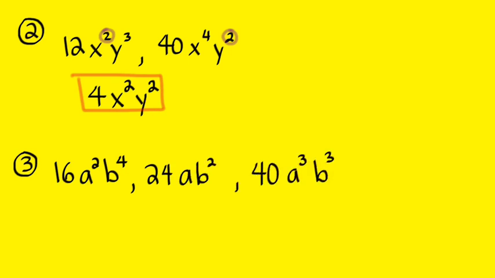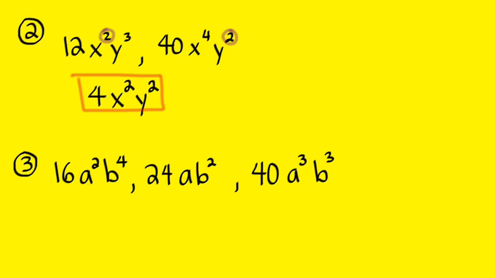Okay, let's see if we can do 3 monomials, right? We have 16, 24, and 40. Well, we already know that 12 and 40 have 4 in common. We know that 24 and 40 would also have 4 in common. And we have the 16 over here. Is there a larger number that we can use? We start to think about our factors of 16. We know it's 2 times 8.